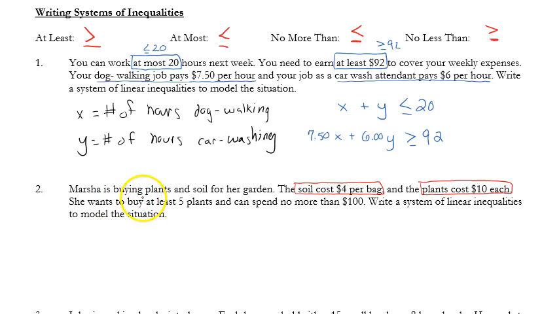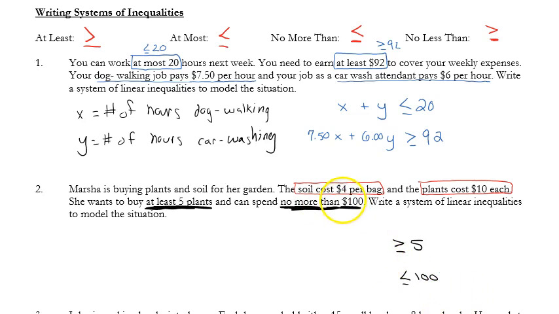She wants to buy, here's our at least, 5 plants. At least is greater than or equal to, and can spend no more than $100. No more than is less than or equal to 100.